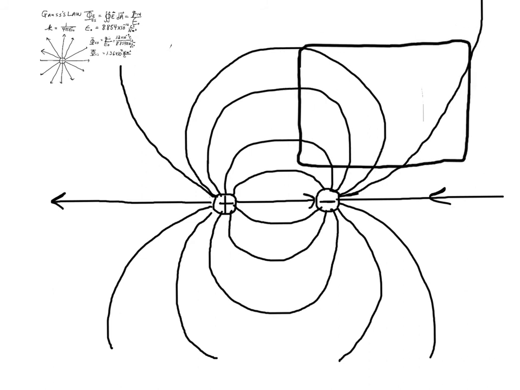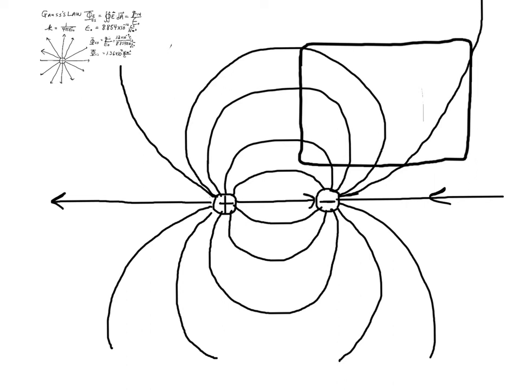So if I put the square here and we get the flux from counting lines, you can see that 1, 2, 3, 4 lines enter, 1, 2, 3, 4 lines leave. The net flux through the rectangle is 0. The charge inside is 0. It agrees with Gauss's law.